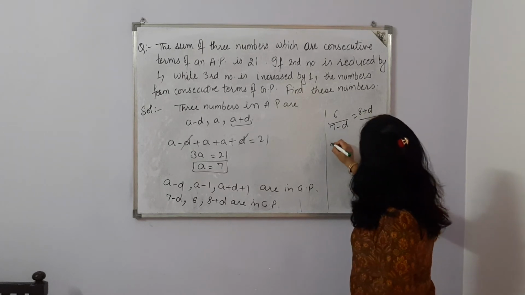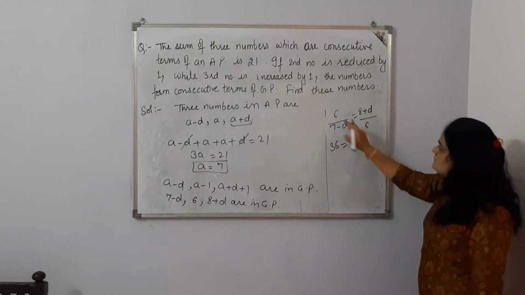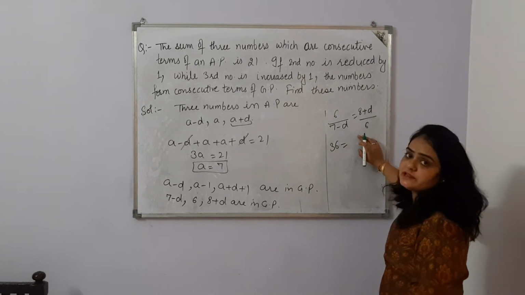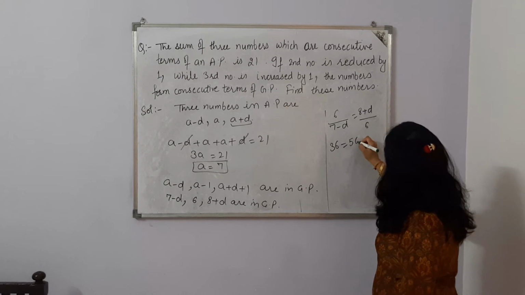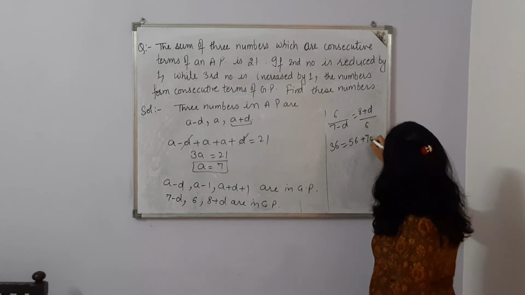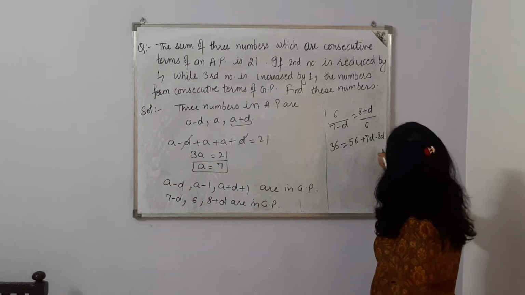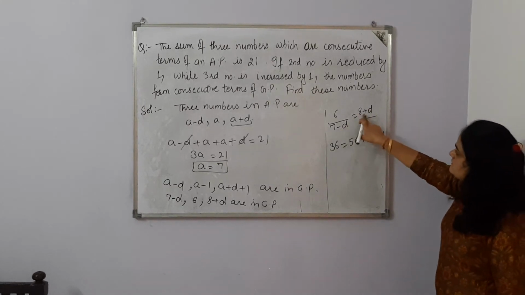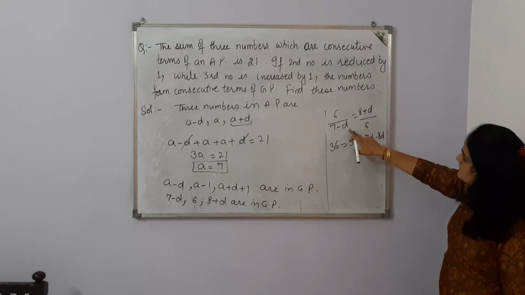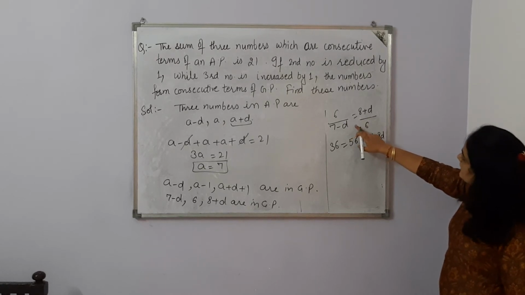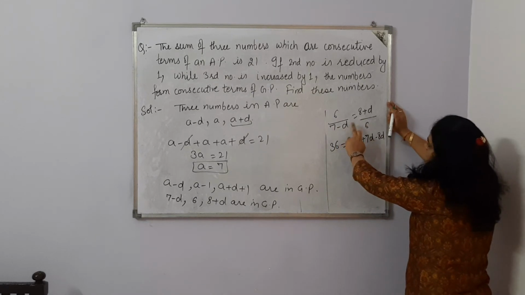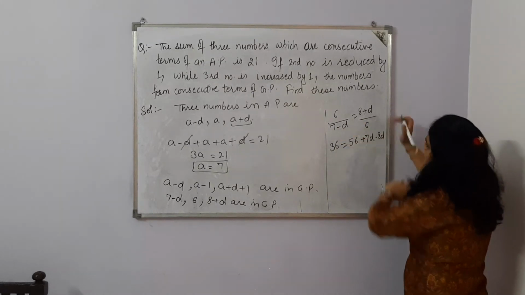After cross multiplication, we will get 6 6s are 36, and 7 minus D will multiply with 8 plus D. 7 8s are 56, 7D minus 8D, then minus D square.